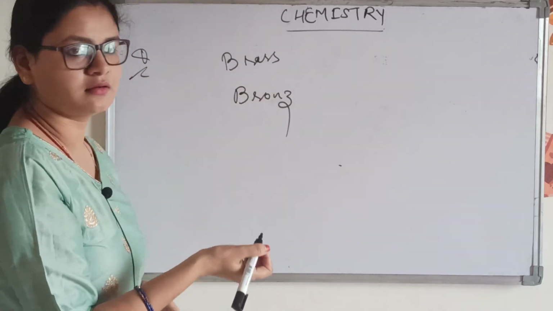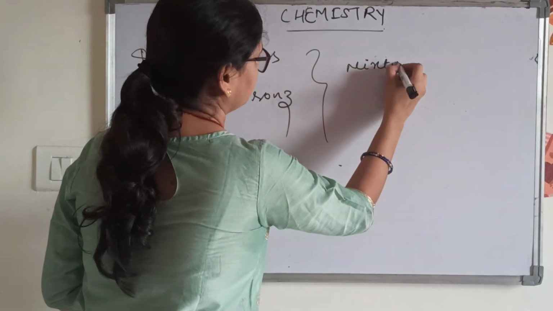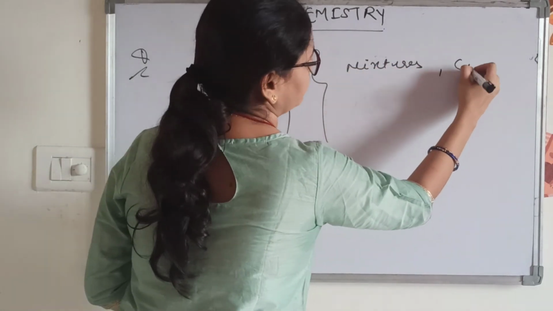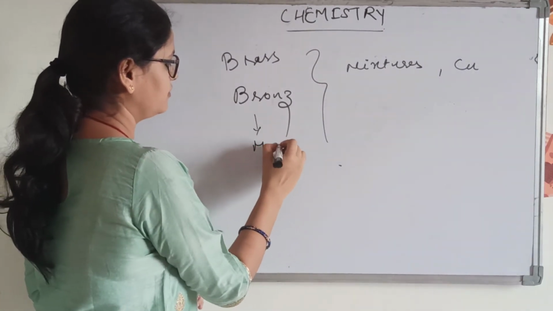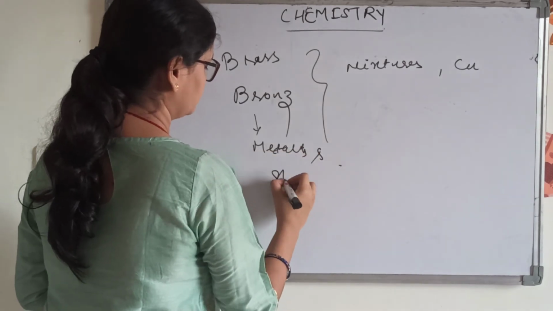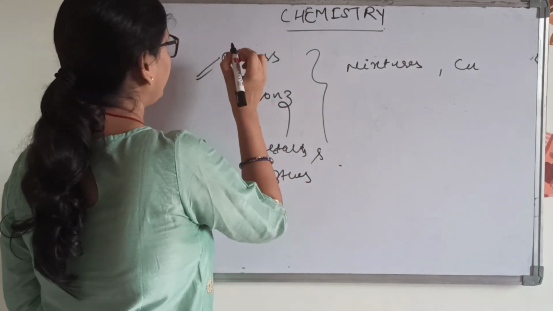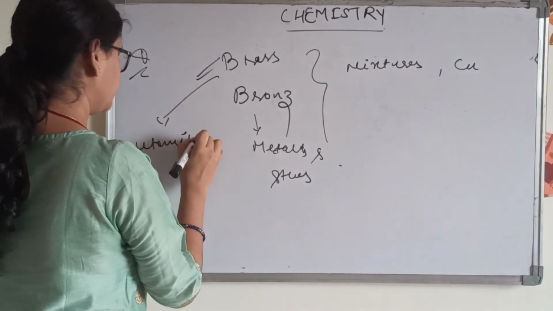Both brass and bronze are mixtures made up of copper. So why is bronze used for medals and statues, and why is brass used for utensils and other equipment?